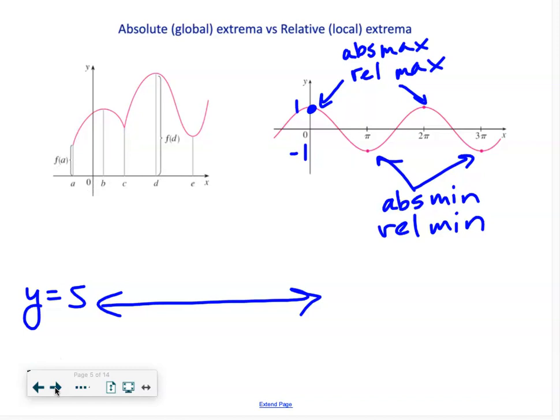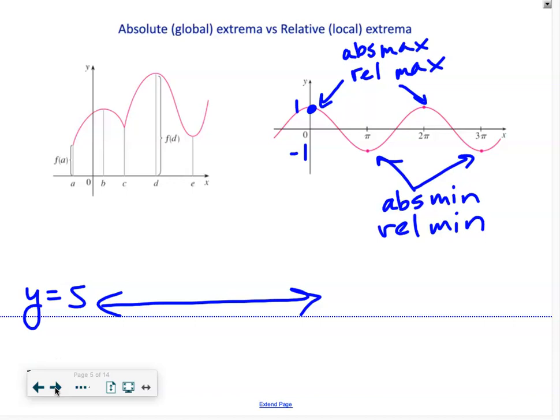Look at this top of the hill, this relative max. What's the derivative value there? 0, right? Slope is 0. What about here? 0. What about here? 0. So what about here? Undefined. When you have a sharp turn, your derivative is undefined.